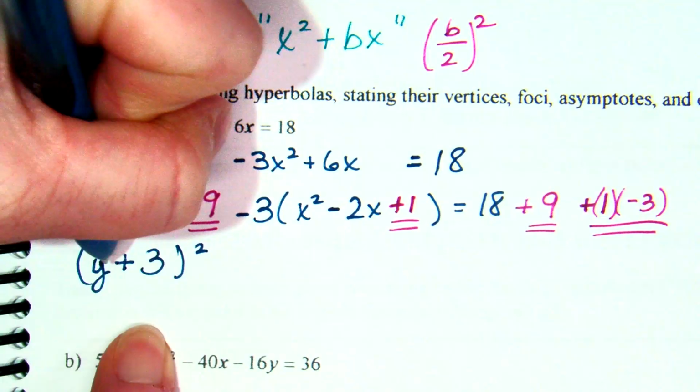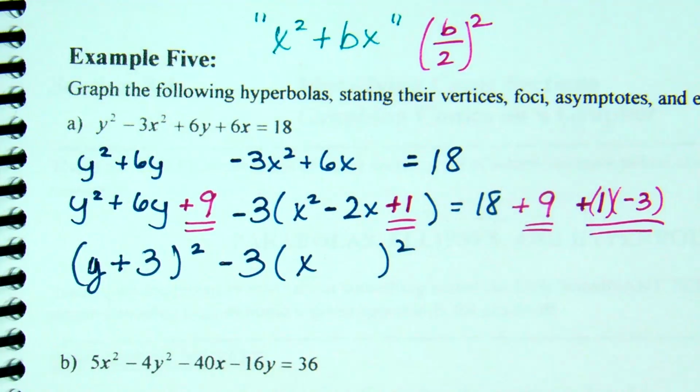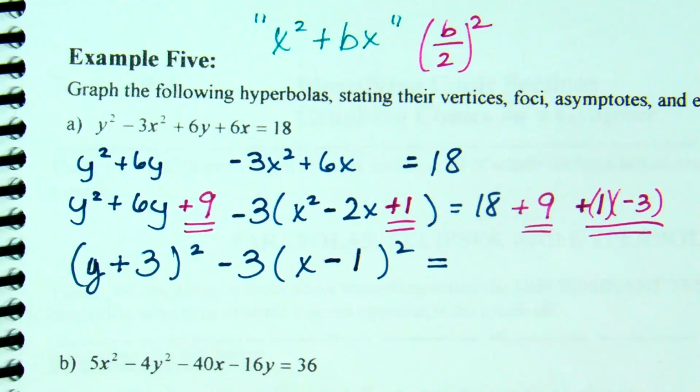The minus 3 just continues along. And then parentheses squared. Square root of x squared is x, square root of 1 is 1. Middle sign is a minus. Equals x minus 1. I try to be as quick as possible, but I'm not always quick enough, though.